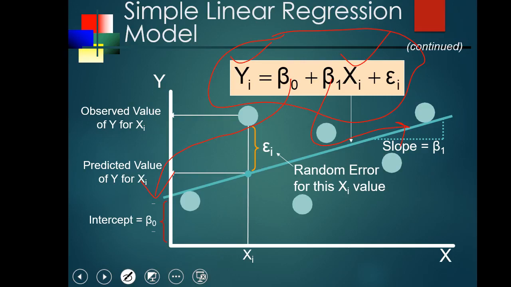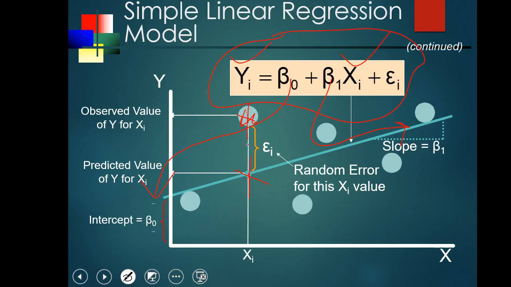The error term is the difference between the value of y that falls on that line, which is the predicted value of y, and the observed value of y, which we can plot on this graph.